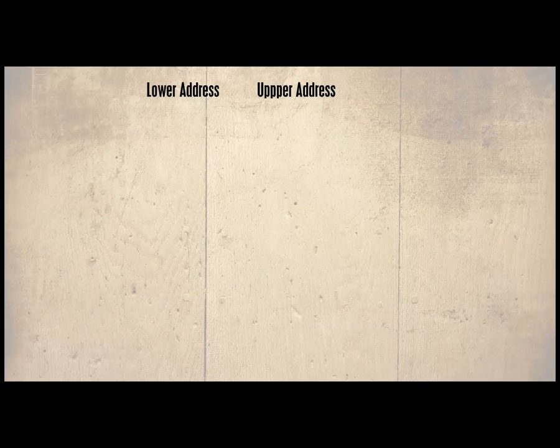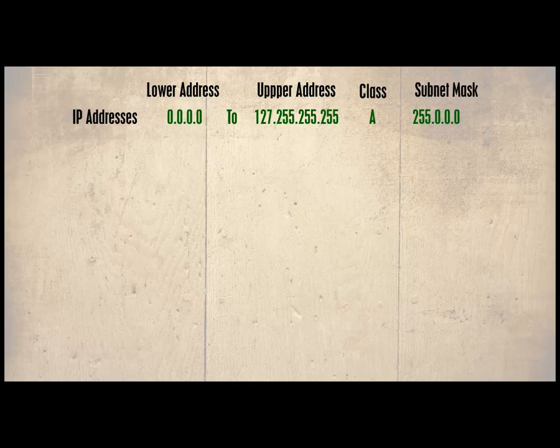Remember, we said that not only IP addresses are in classes, but they have a lower and a higher address limit. So if a host has an IP address between 000 to 127.255.255.255, then it is a Class A subnet, or the subnet mask is 255.000. If the IP address is in the range of 128.000 to 192.255.255.255, then it is a Class B subnet, or has a subnet mask of 255.255.000.